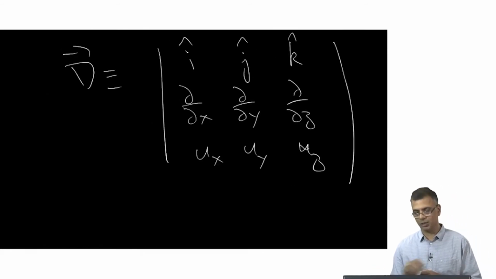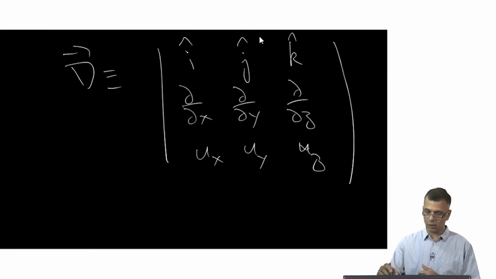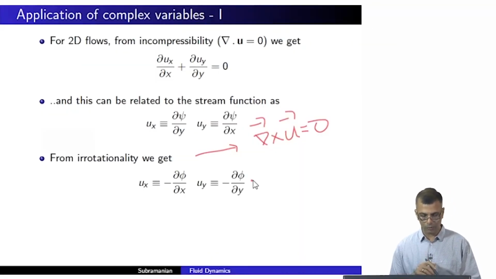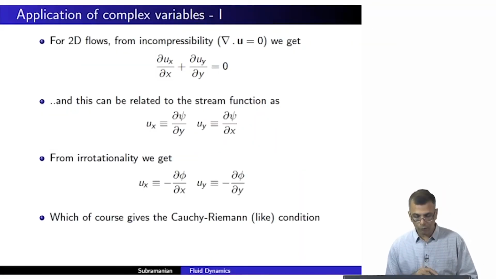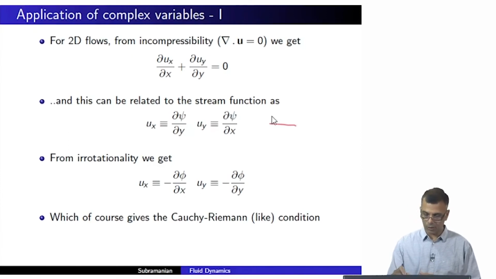So this definition here, right? You don't have to take this last column because you're only talking about two-dimensional flows. So if you just consider this much, this follows, right? Therefore, you look at this and this.